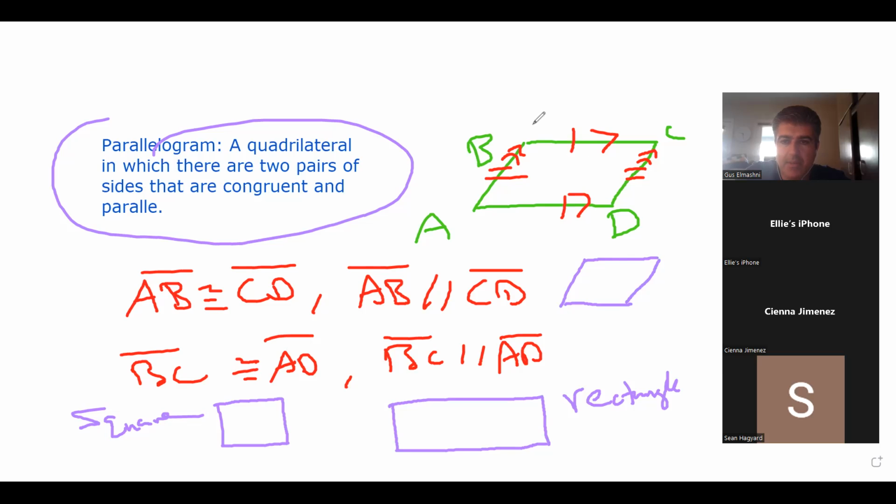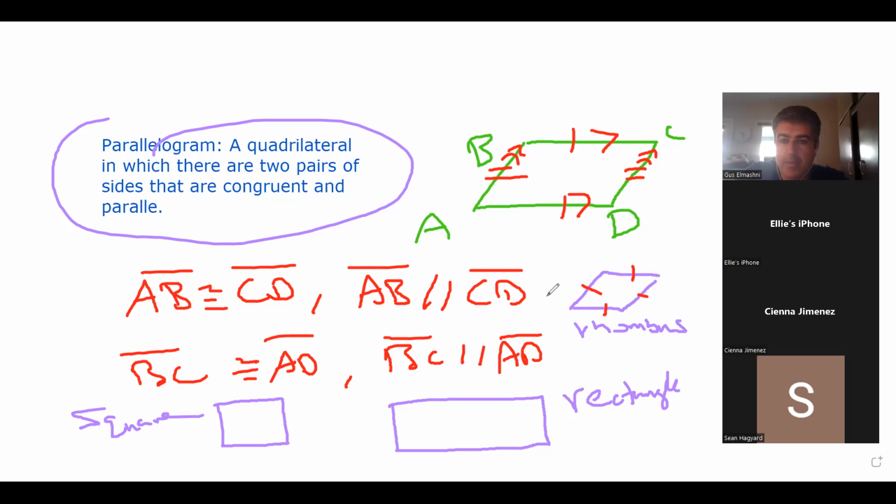Okay, that is not a good looking rhombus. I could do better than that. Okay, let's try again. Okay, I think I did it right there. So all the sides are the same, but you don't have right angles. That's a parallelogram also. And those are the 3 shapes we're talking about in 8.4.